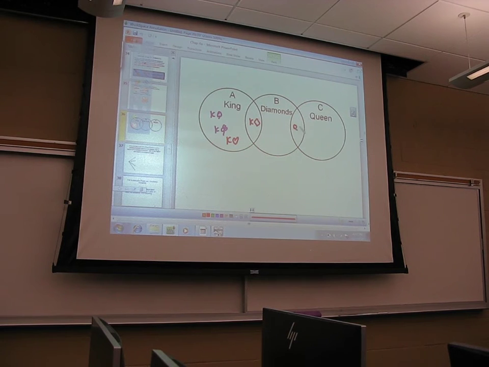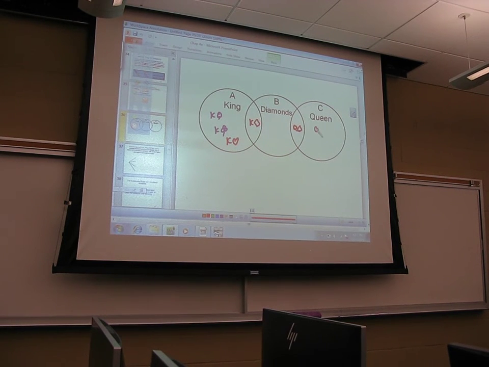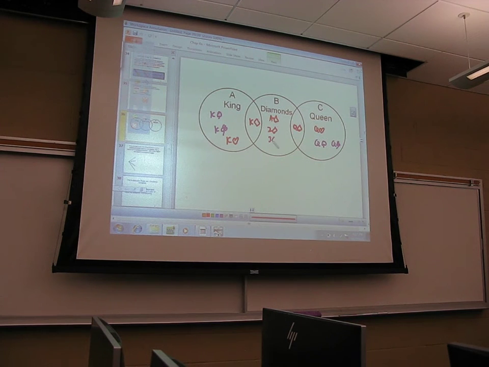I also have the queens, queen of hearts, queen of spades, queen of diamonds, or clubs, sorry. But then we have all the other diamonds, ace of diamonds, 2 of diamonds, 3 of diamonds, and so forth.